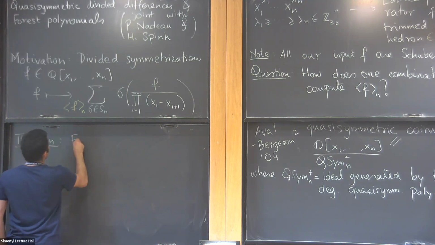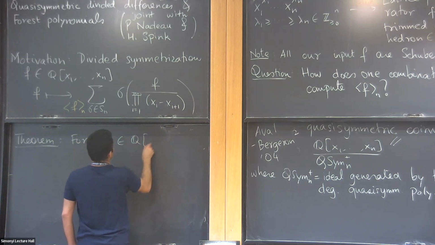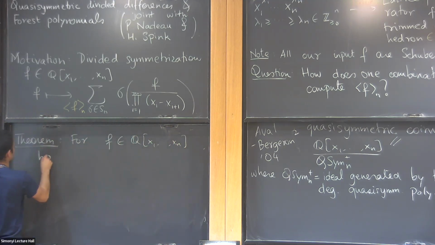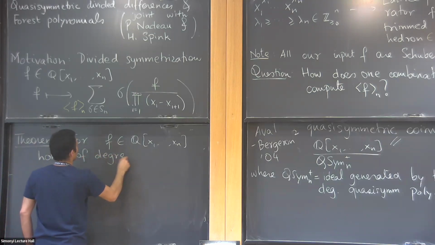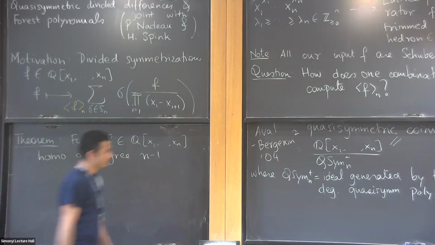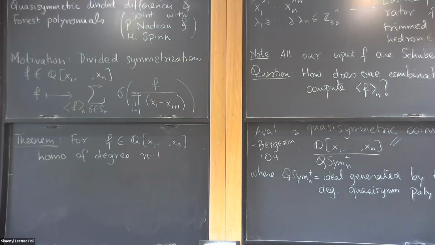For f homogeneous of degree n-1, so I'm going to pick something that has the right degree, take its representative modulo this ideal, and have this expansion in this particular basis.